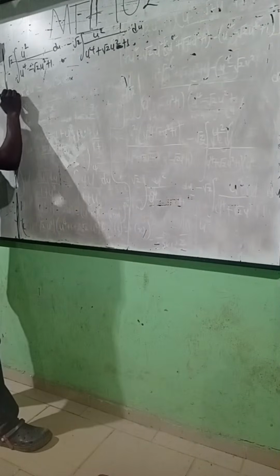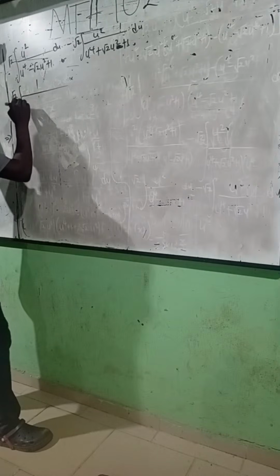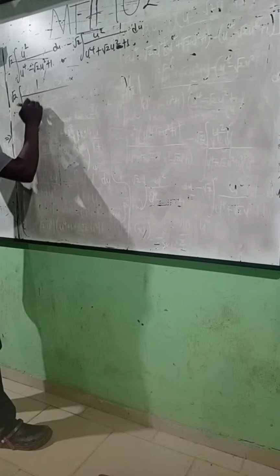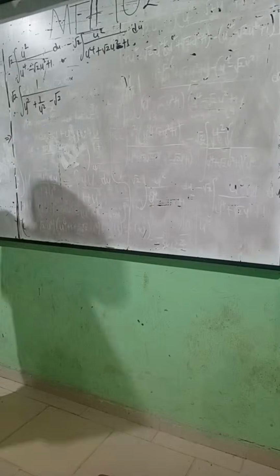Now listen. Divide everything through by u square. You have root 2 integral of 1 over u square minus root 2 plus 1 over u square, agreed.